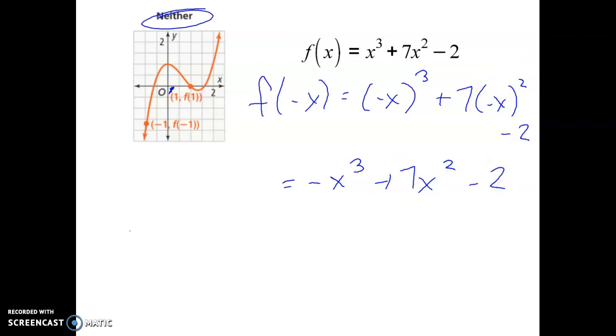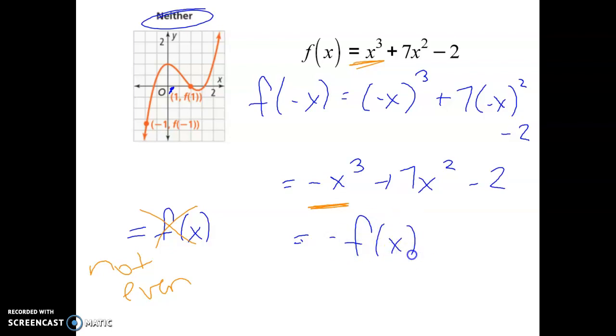All right, so does this exactly equal what we started with? Is it exactly the same as the f of x that we started with? Well, no, it's not, because this one is negative and this one was positive. So that means it's not even. They're not exactly the same, therefore it's not even. All right, well, let's see if it's exactly the opposite.